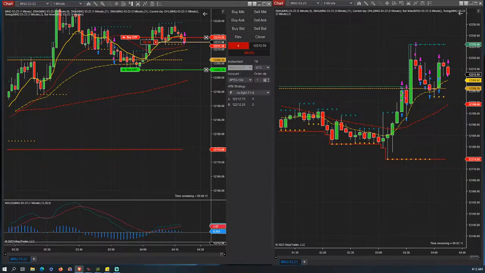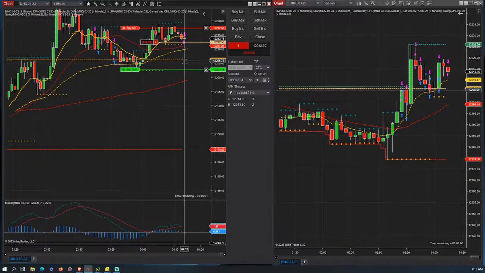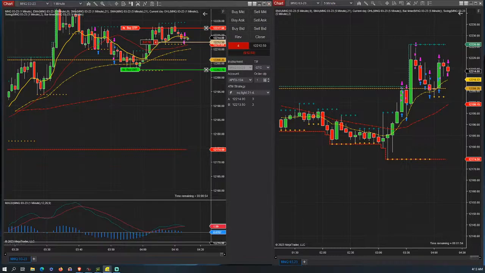One of two things can happen, right? I'm going to move it, though. Shouldn't have moved it, but I did. It just looks like it wants to chop around a little bit right now, to be honest.